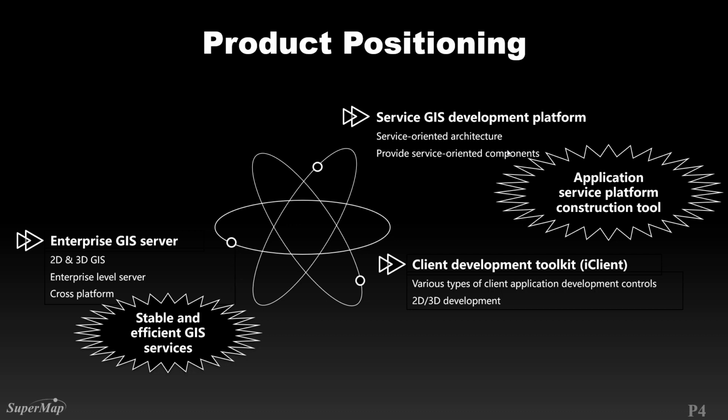SuperMap iServer allows us to manage, publish, and seamlessly aggregate multiple types of services, such as REST services and OGC services. Multiple types of client access are also supported.